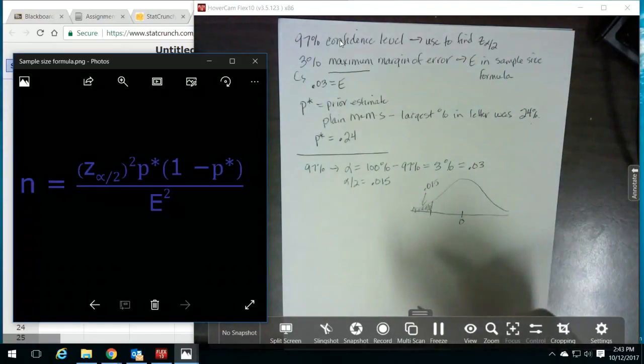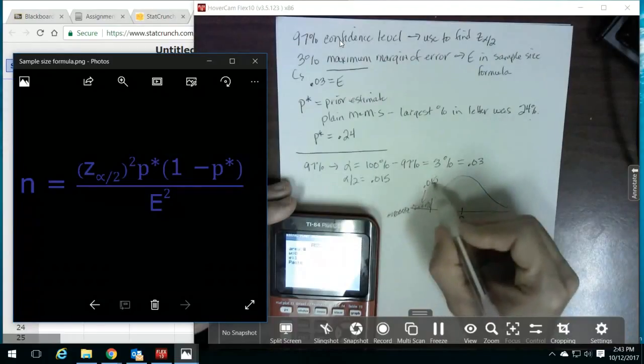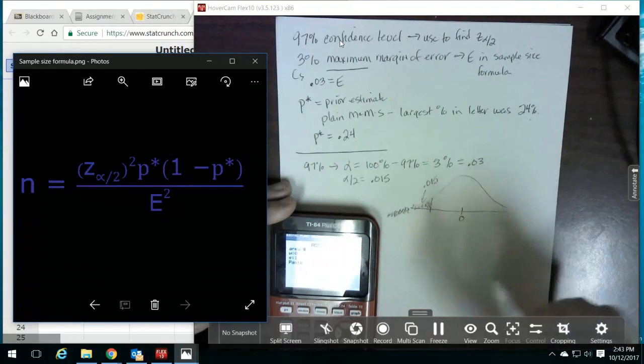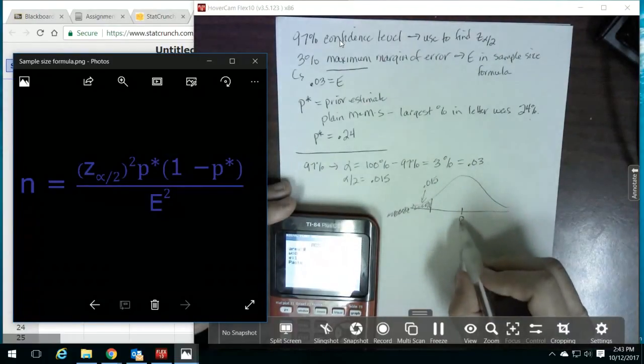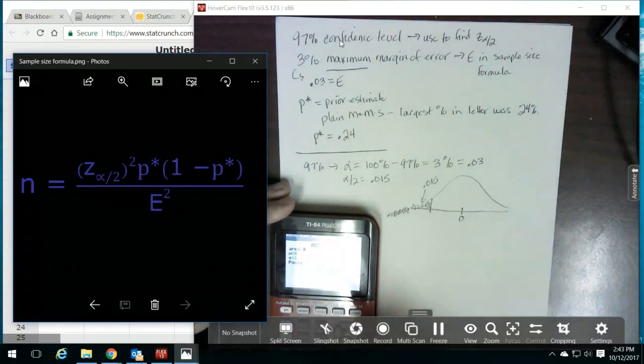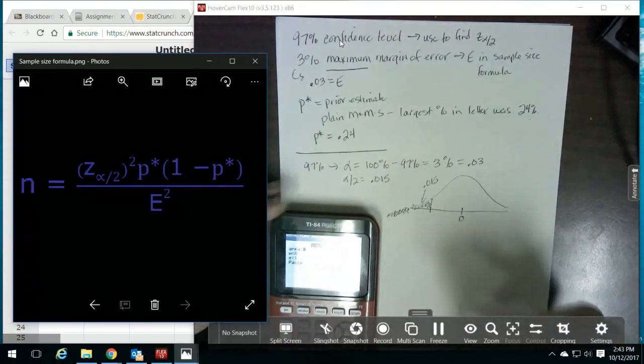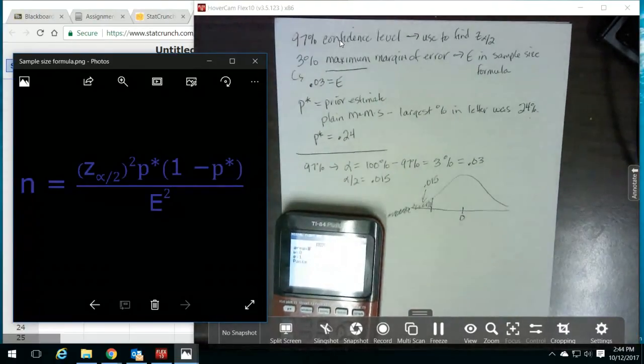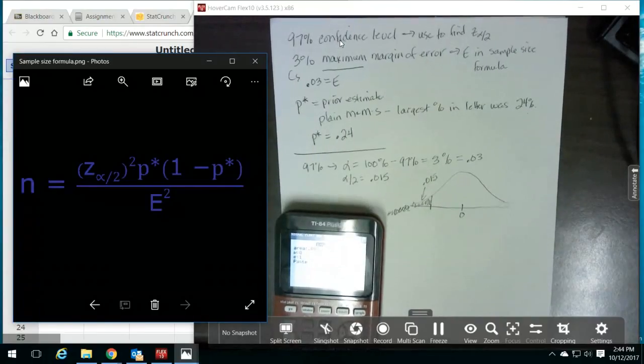So to do this, I'm going to use the inverse norm function on my calculator. For this one, I just have to put in the area and then the mean and the standard deviation. And in this one, it already has my mean and my standard deviation as 0 and 1. So actually, all I have to do is put in 0.015 for my area.